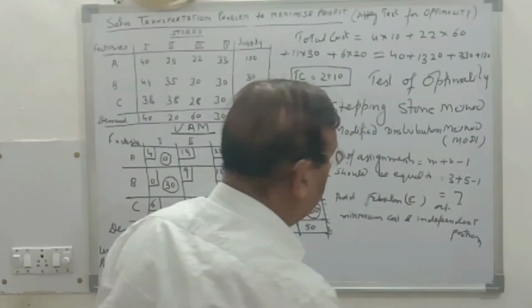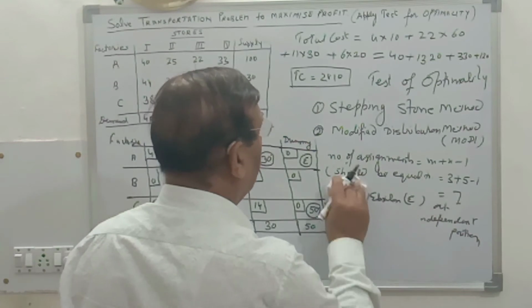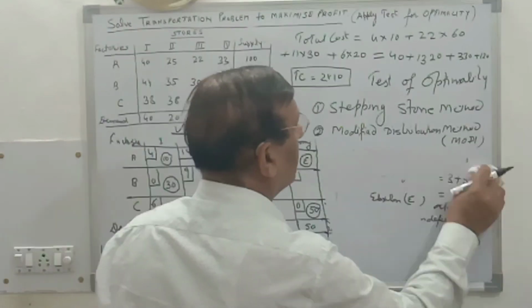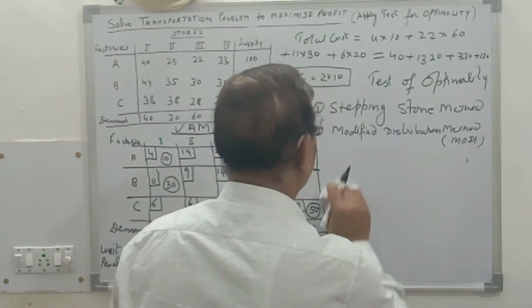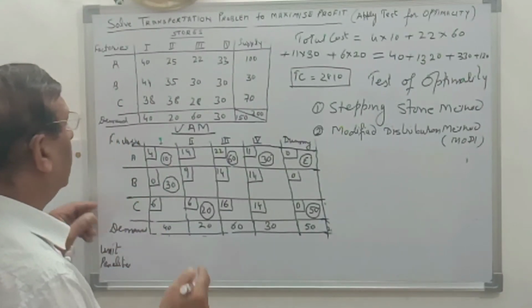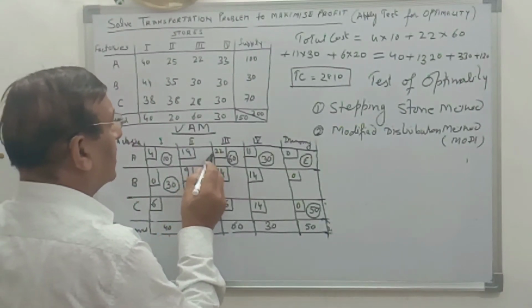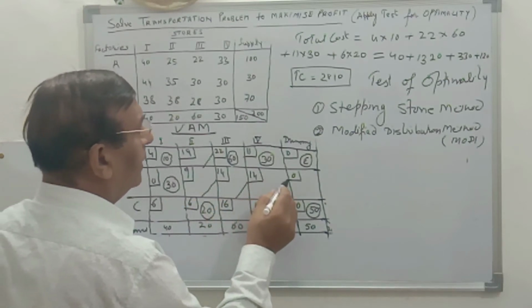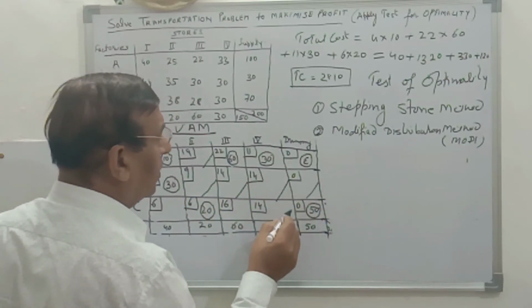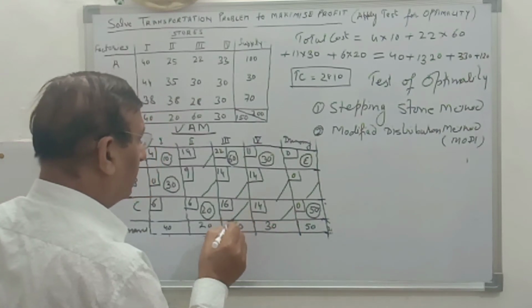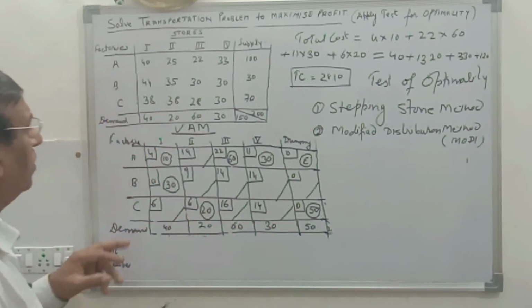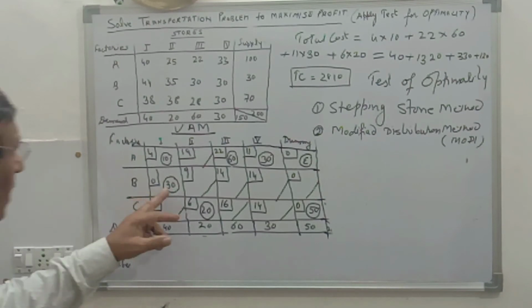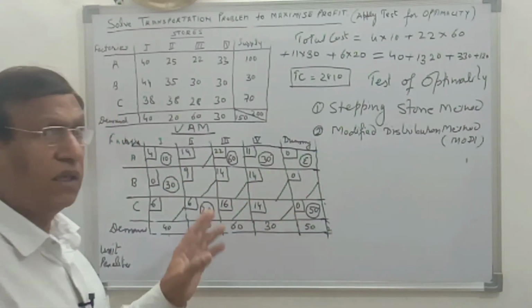So the stepping stone method says, according to this method, these are your blank cells where no assignment has been made, and these are the occupied cells where assignment has been made.